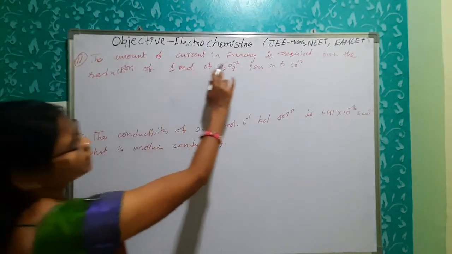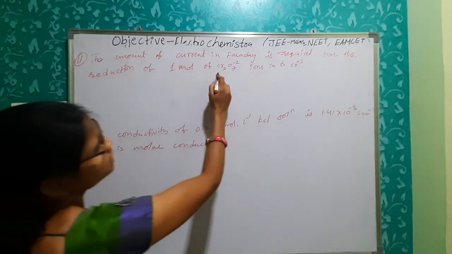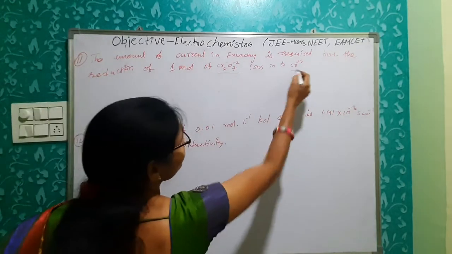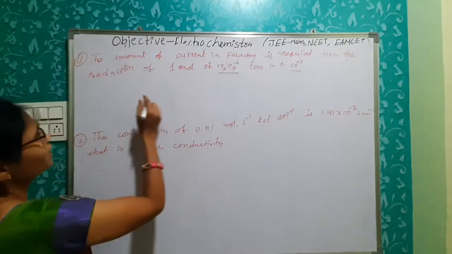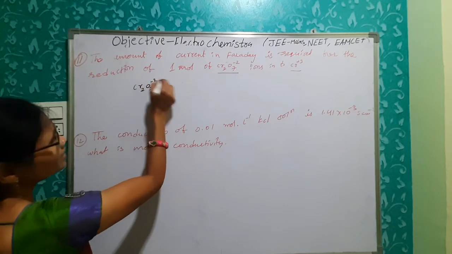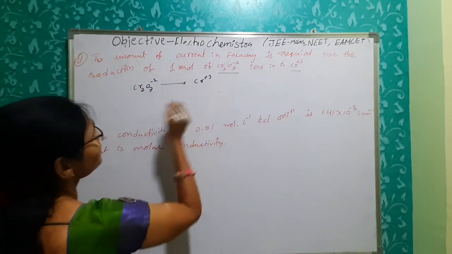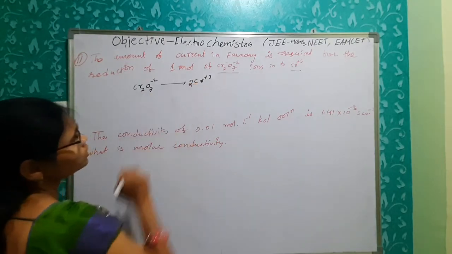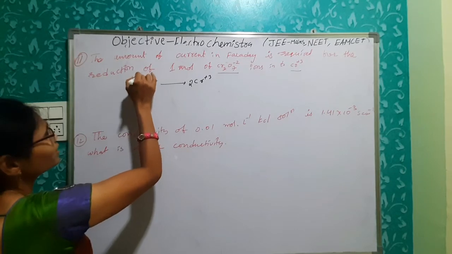The amount of current in Faradays required for the reduction of dichromate ion into chromium ion. How many Faradays are required? Simply, I will give you the equation: Cr2O7 2 minus gives rise to 2 Cr plus 3, so 2 moles. Find out the oxidation number of chromium here: plus 6.